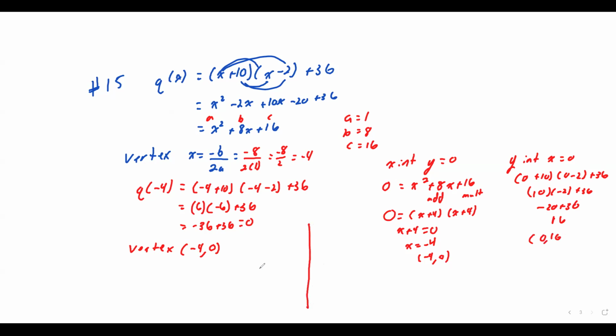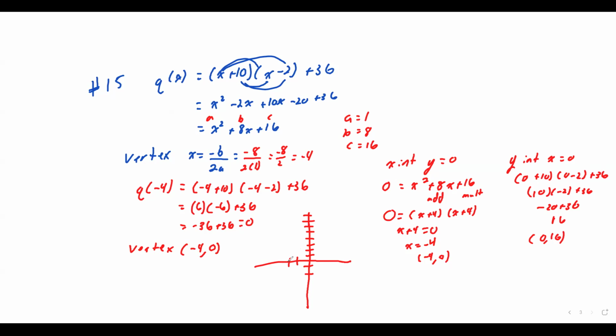When I do my graph here, I'm going to go by twos. So this would be 2, 4, 6, 8, 10, 12, 14, 16. And then this would be 2, 4. I have a vertex at negative 4 comma 0. Negative 4 would be this way.